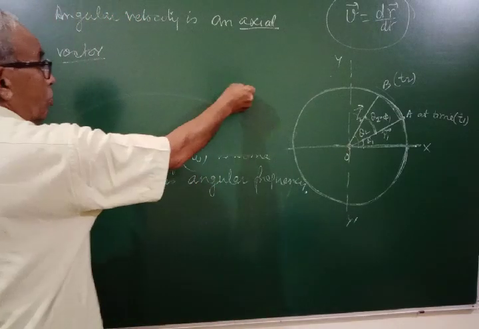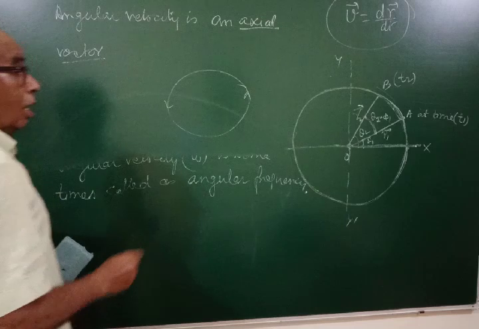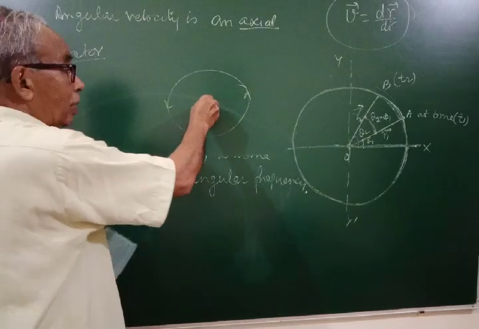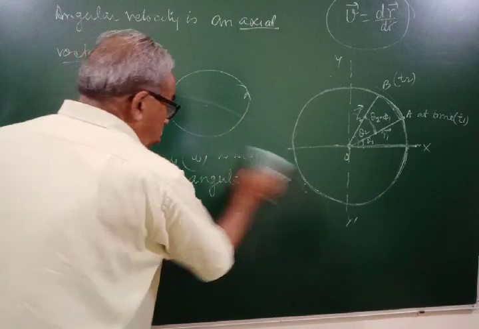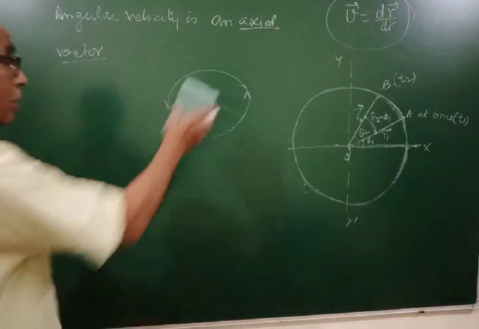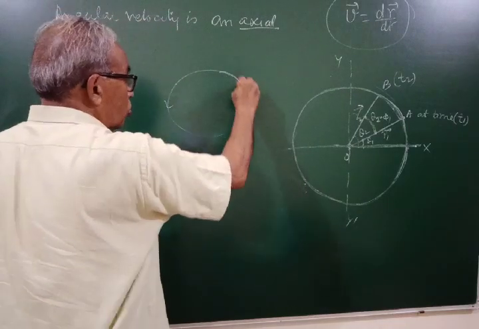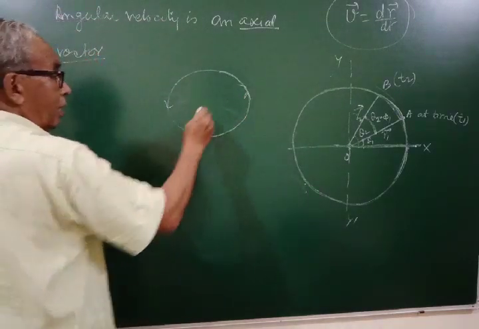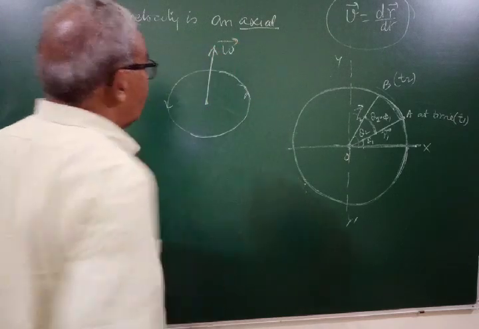Means if the body is rotating like this, then angular velocity will be normal to the plane of the circle and outward. Any vector in this figure which is normal to the plane of the circle and outward is shown this way. So the direction of angular velocity is this way.